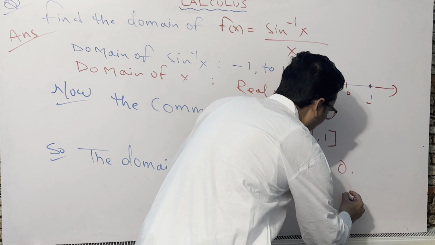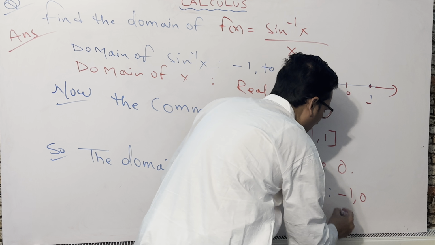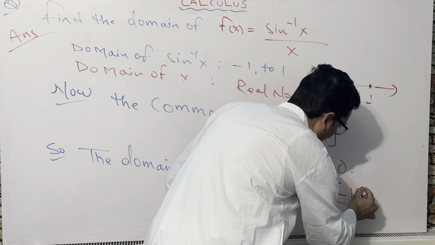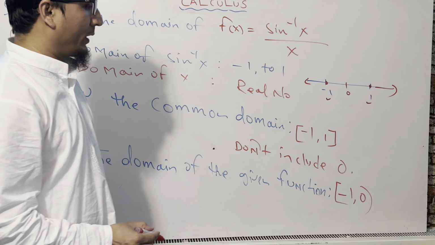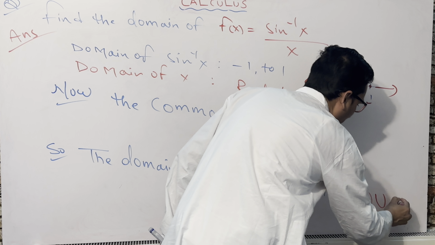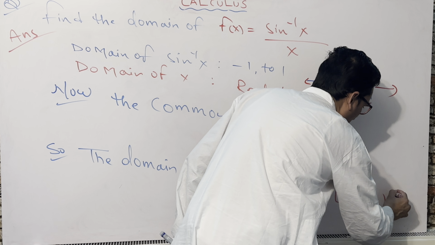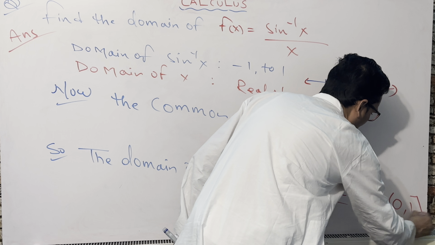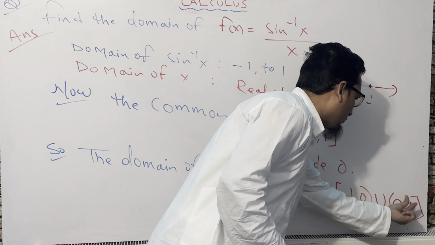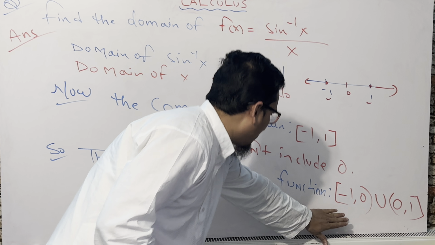We will say from -1 to 0, including -1 but not including 0, so I'm going to use the open bracket, union, and from 0, not included, to 1, including 1. So all the values from -1 to 1 except 0. This is the domain of this function.